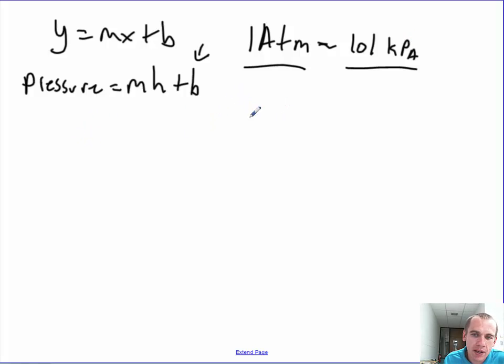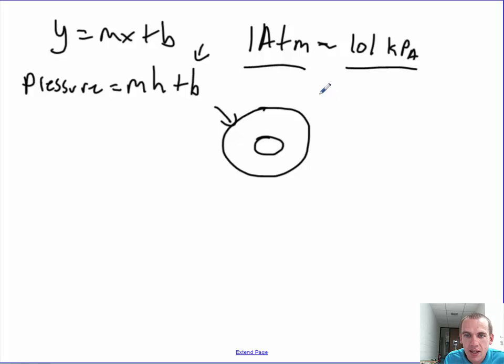If you think about a tire, we put air in our tires, but there's already air in it. There's a pressure on the outside of this tire from the atmosphere, but it doesn't collapse and crush in on itself. Even if it's a flat tire, if there's no weight on it, it still stays in the shape of a tire. That's because there's still atmospheric pressure acting out on it too.